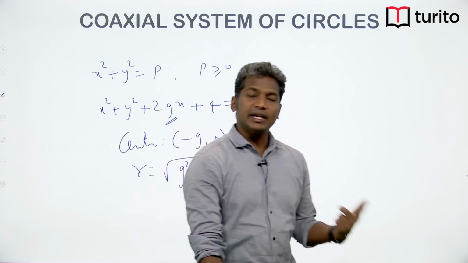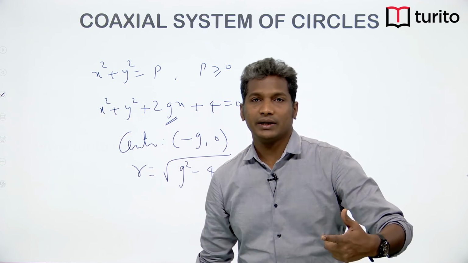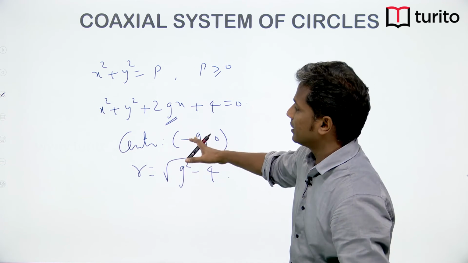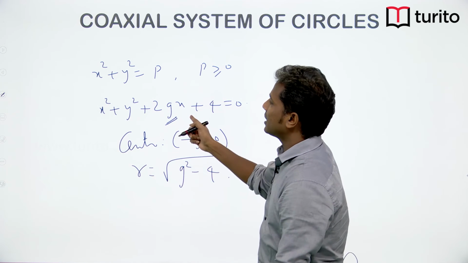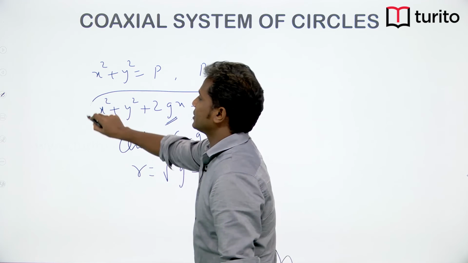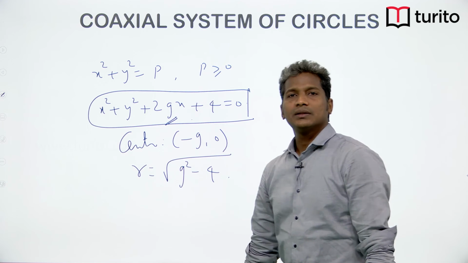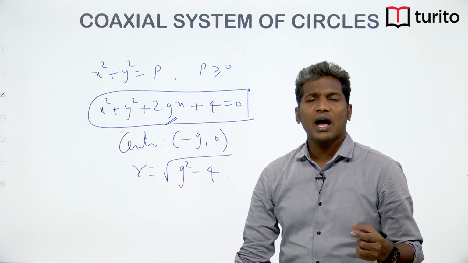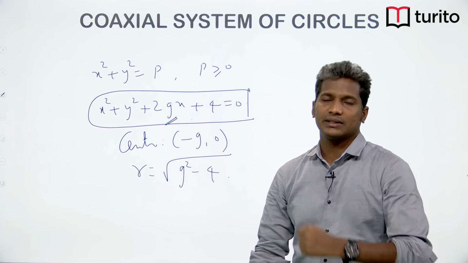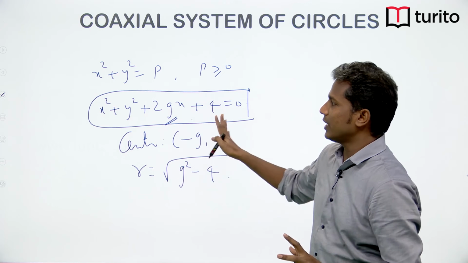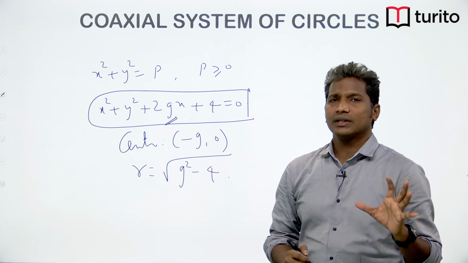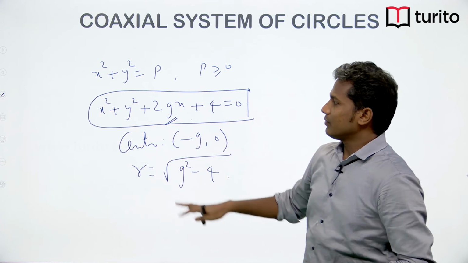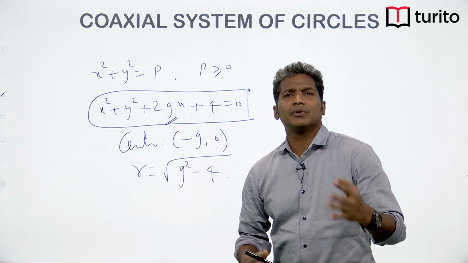Now, the center is varying, the radius is also varying, but what is common here? The center lies on the x axis. So, we can say that this second equation represents a family of circles having the center on the x axis. This way we can represent equations of a family of circles. Here we can also call it a system of circles.